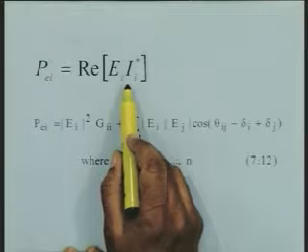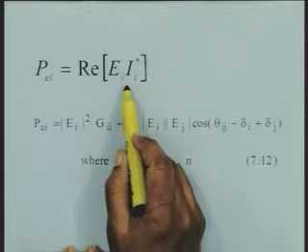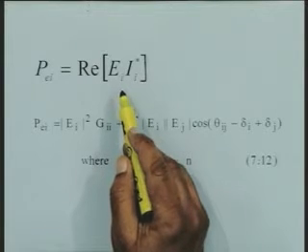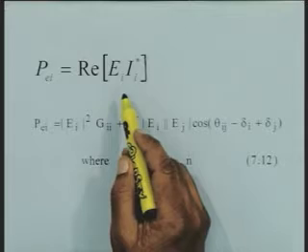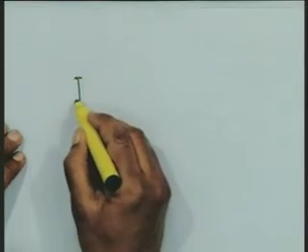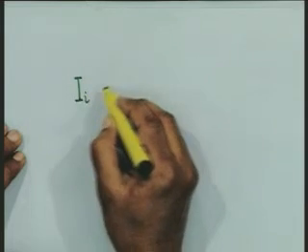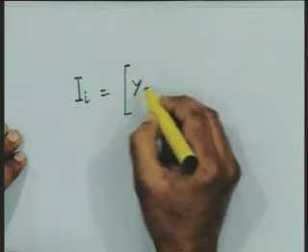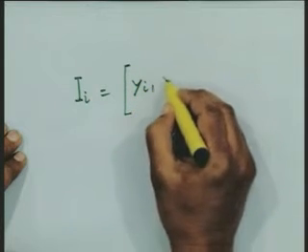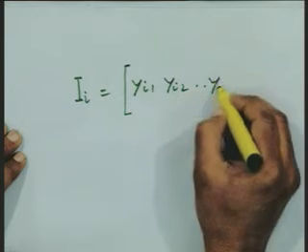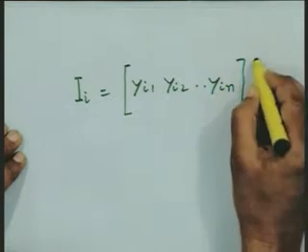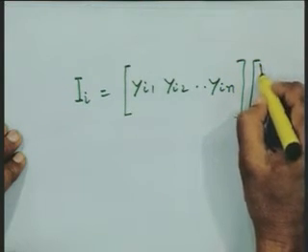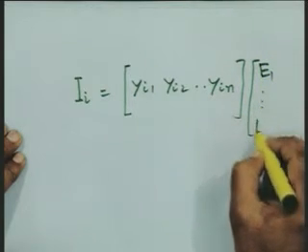Now, we substitute the expression for Ii. The expression for Ii is, we have the vector Ii can be obtained as Yi1, Yi2, up to Yin multiplied by the vector E1 up to En.